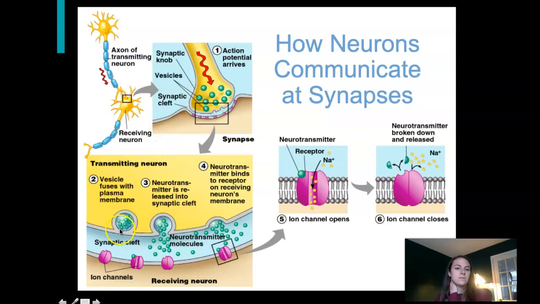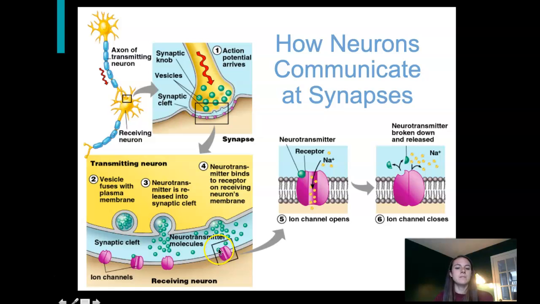The vesicle that contains those neurotransmitters fuses with the cell membrane of the axon. Those neurotransmitters are released into the synapse, or the synaptic cleft, and the neurotransmitters start to bind with the receptors on the postsynaptic neuron, or the receiving neuron.